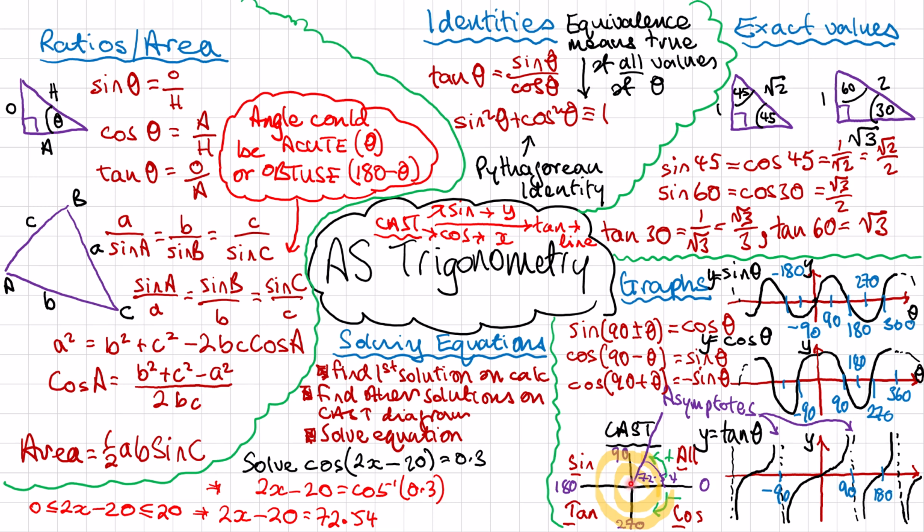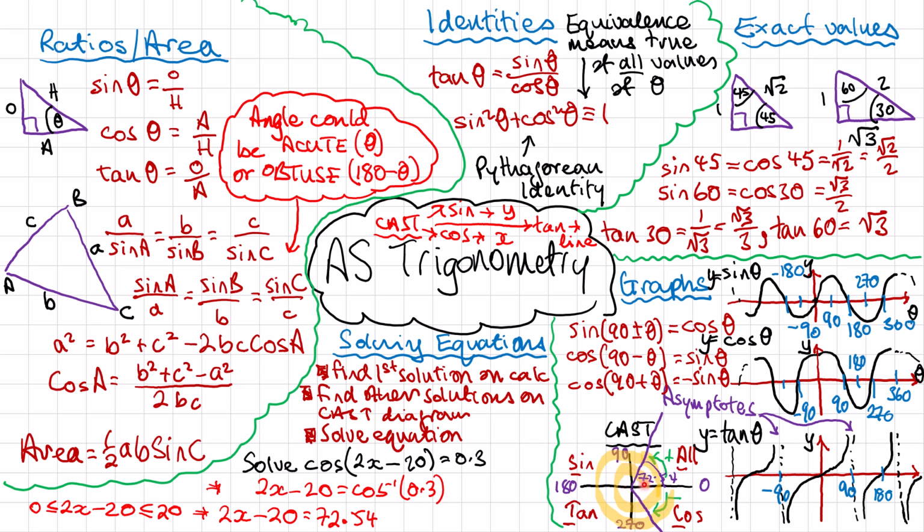If we're solving for cos, we reflect that line, principal solution, in the x-axis. And if we're solving for tan, we would just make that a straight line. So I've reflected that line in the x-axis.